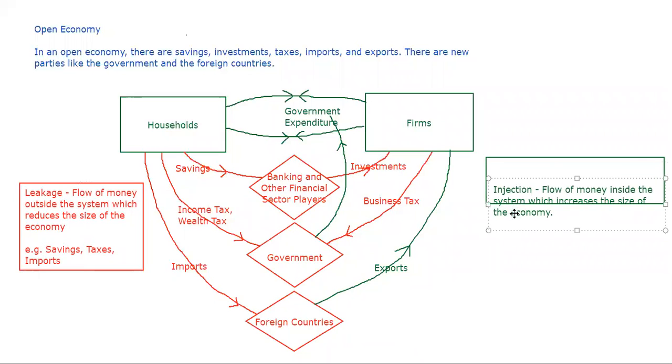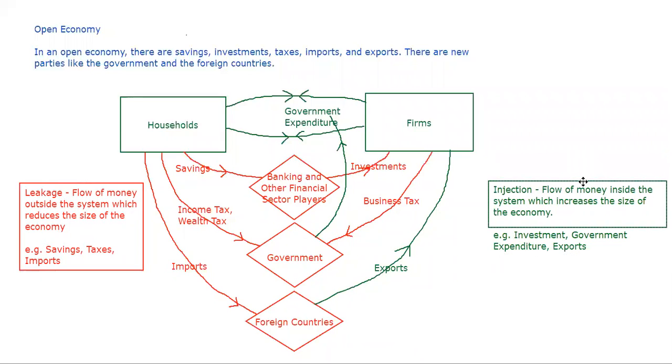And let's increase the size of this. So we say, for example, investment, government expenditure, and exports. These are all examples of injections.